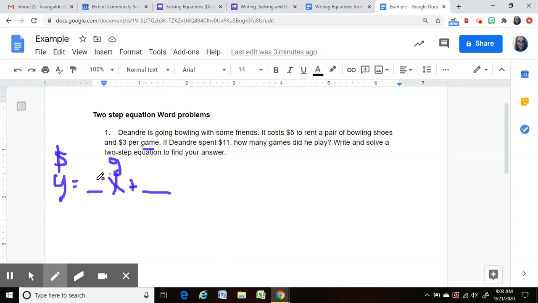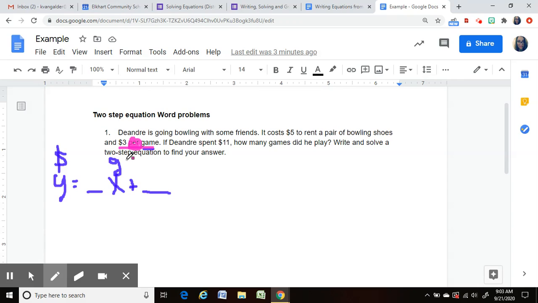How I can tell what my slope is, that number is usually right next to the word for this X variable, which in this case is games. So you also look for the word per.